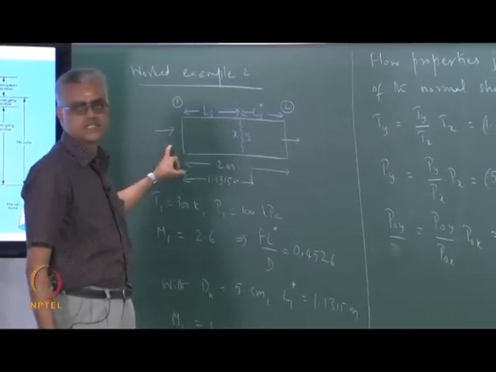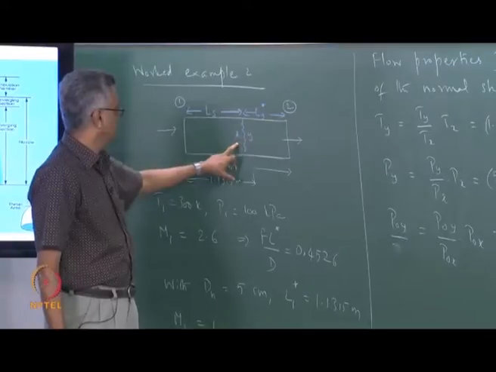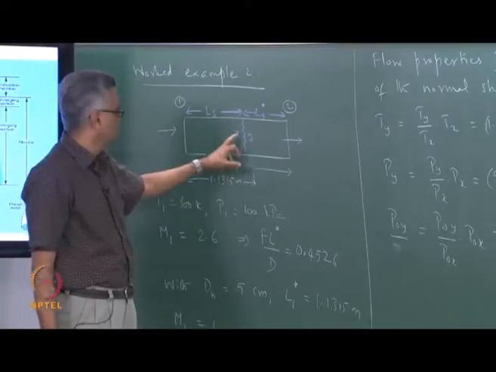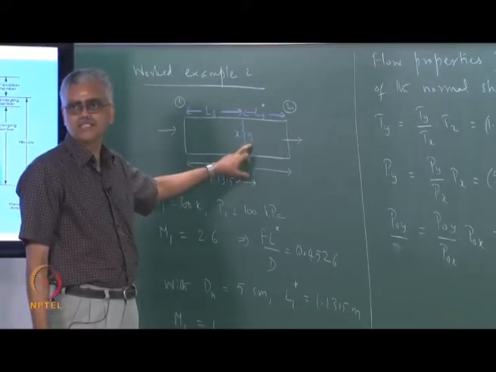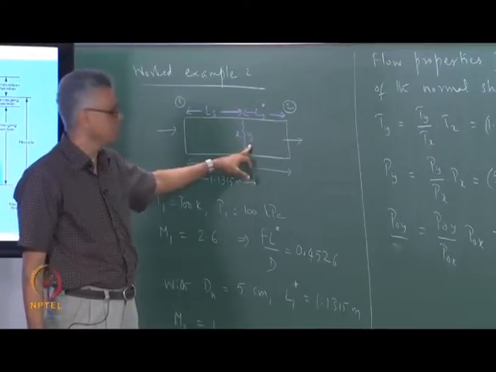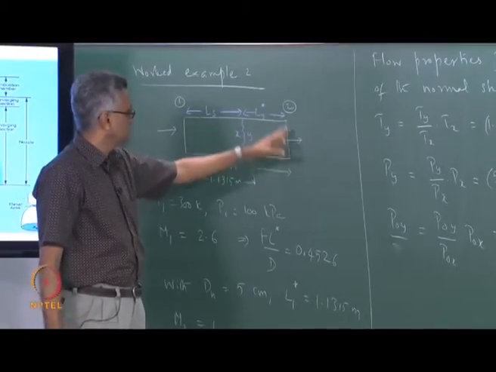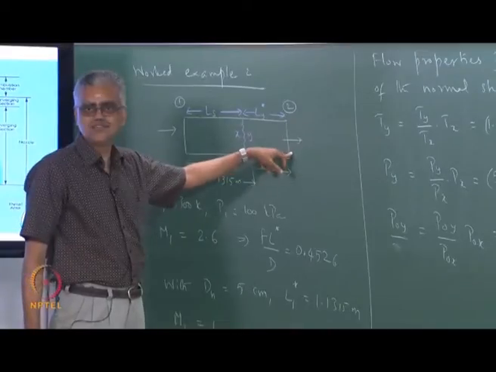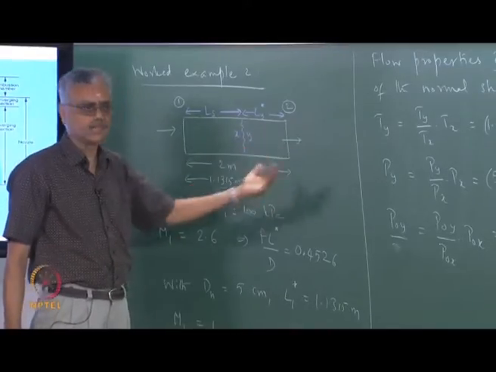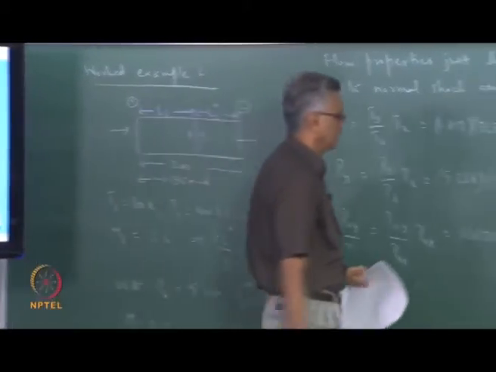So, we have gone from the inlet state, we have calculated state x using Fanno table, we went across the shock wave, and calculated state y using normal shock tables. Now, we go up to the exit. This is a little bit easy to do because the exit state itself is the sonic state. So, we can directly get the values from the table. Let us go ahead and do that.